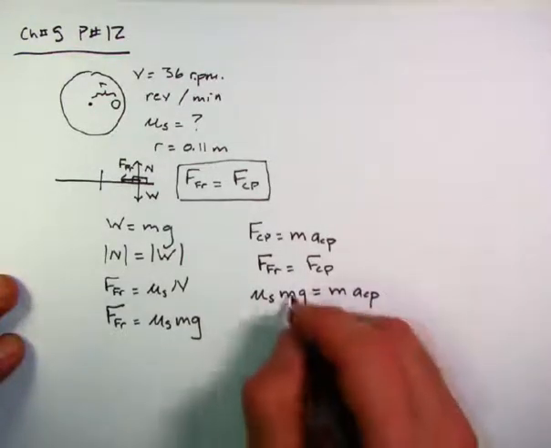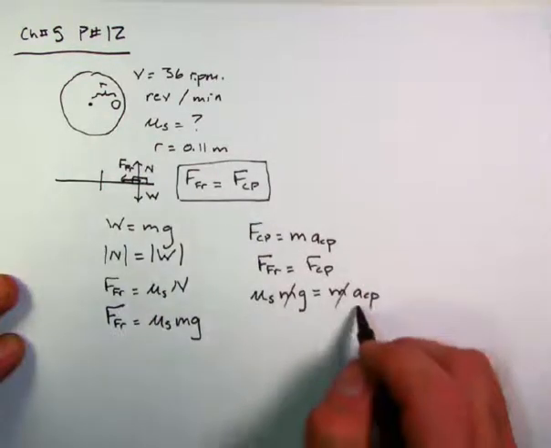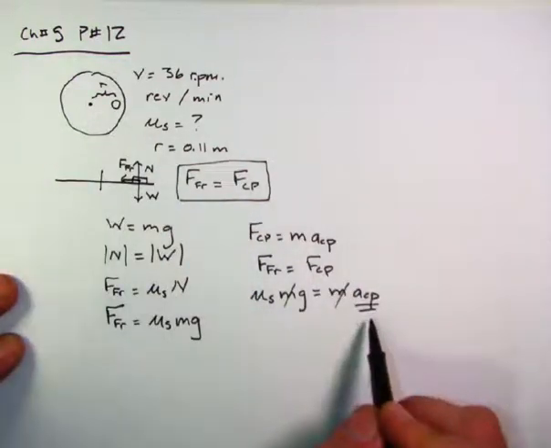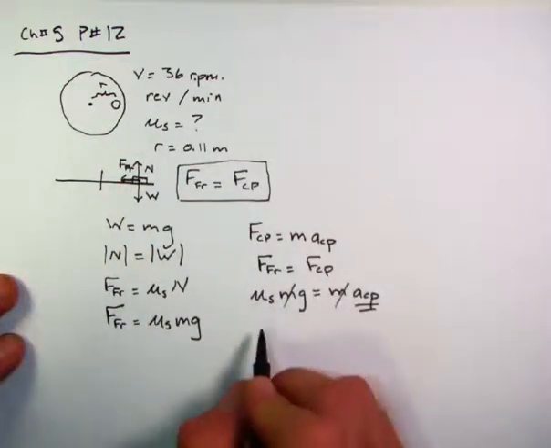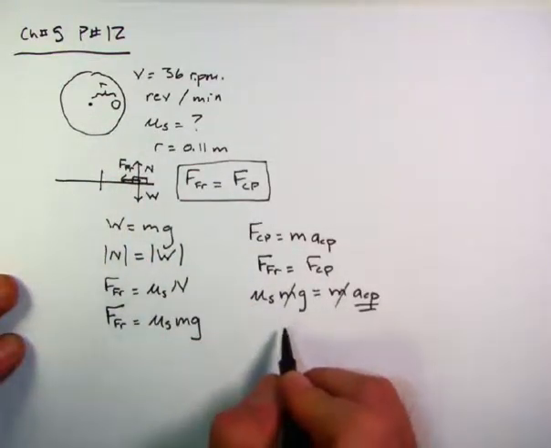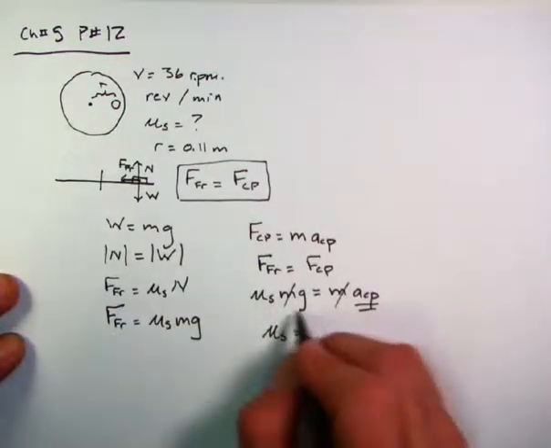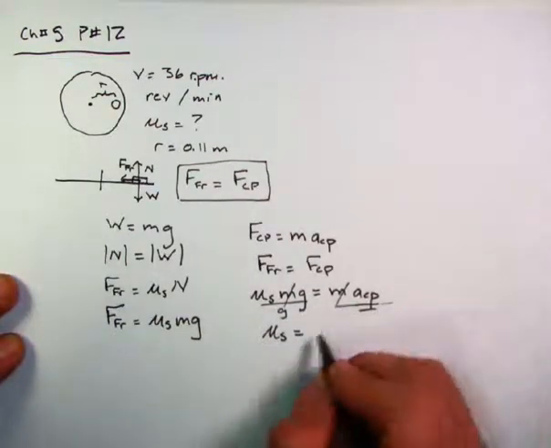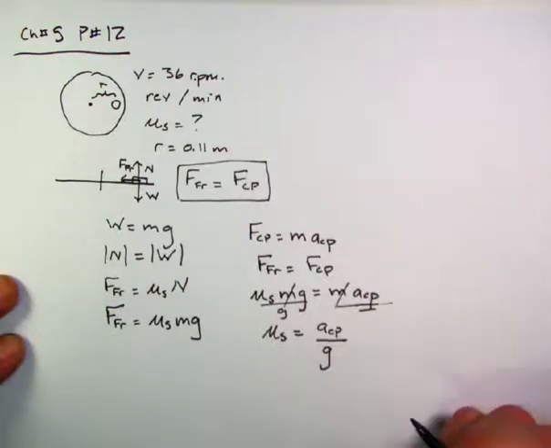And lo and behold, the masses cancel out. If only I knew the centripetal acceleration this coin is undergoing, I would be in some business here. Basically, dividing by g on each side, mu sub s is equal to the centripetal acceleration divided by g.